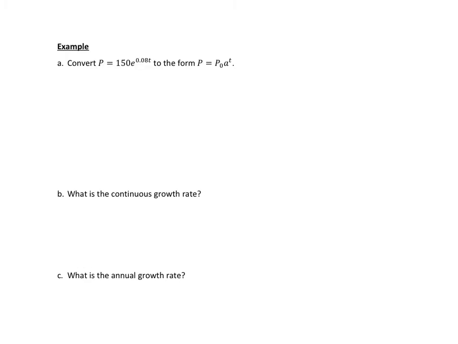In this example, we want to convert P equals 150 e to the 0.08t into the annual or period form over here on the right. What you want to note is that P equals P naught e to the kt is the form for continuous, and P equals P naught a to the t is the form for annual.